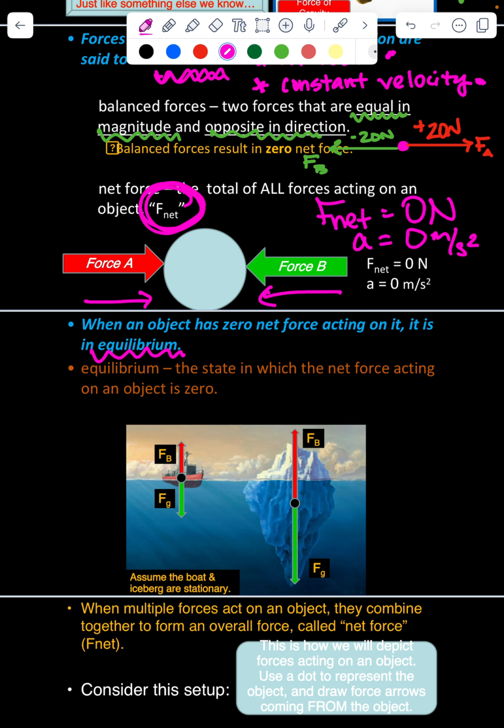Right here, you see the iceberg and you see the Titanic. These objects are not moving. They are stationary. They're not bobbing up and down in the water. So we know that the forces are balanced. We know that the force always pulling us down is going to be the force of gravity.